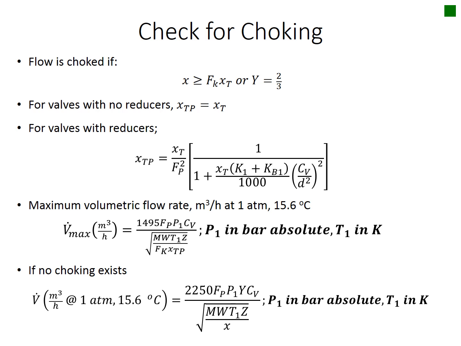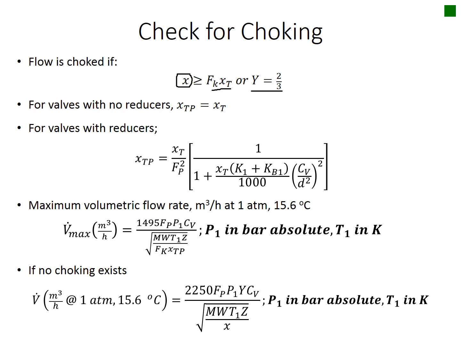Now we want to check for choking. The flow is choked if the value of X is greater than the product of F sub K times X sub T, or if the value of Y is equal to 2/3. Either one of those cases would tell us that the flow is choked.